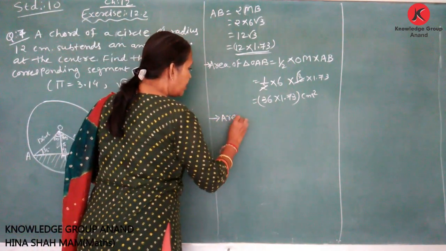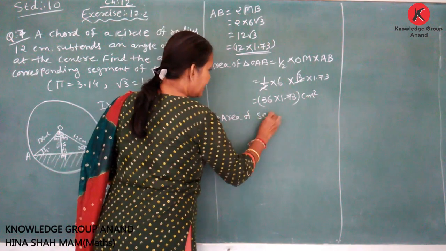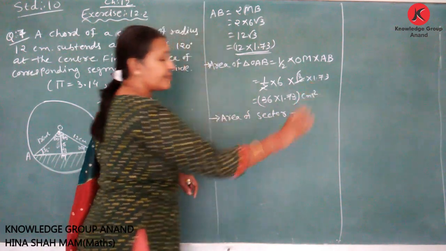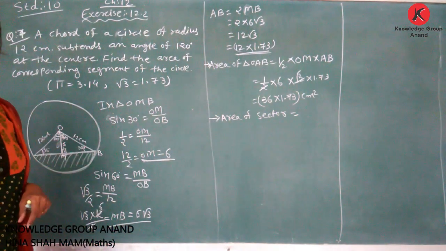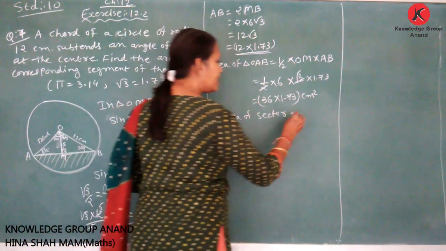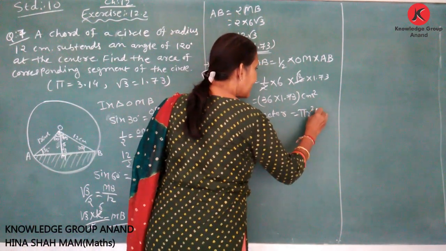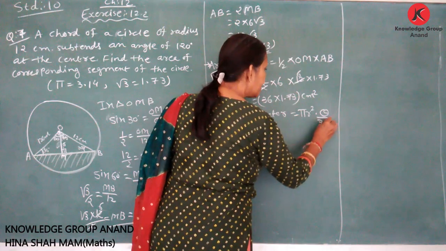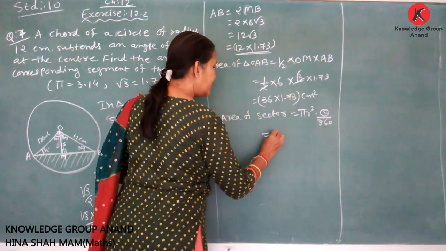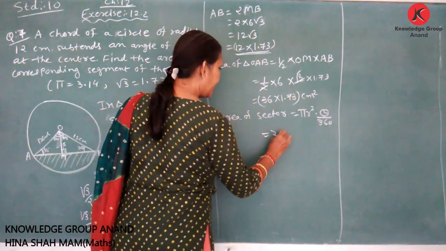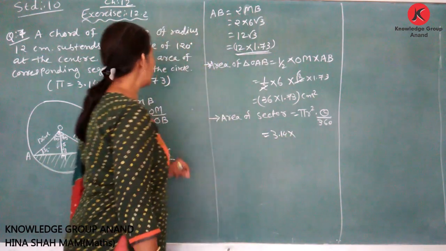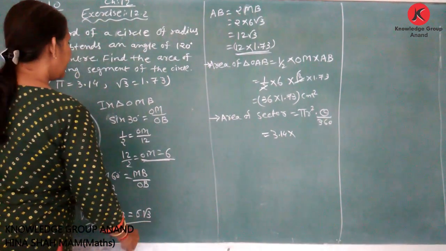Area of sector. What is the formula? Area of sector is pi r square into theta upon 360, where pi is equal to 3.14. What is the R?